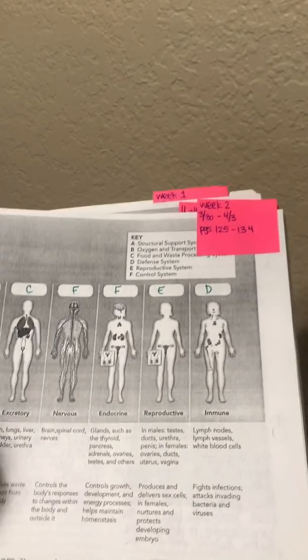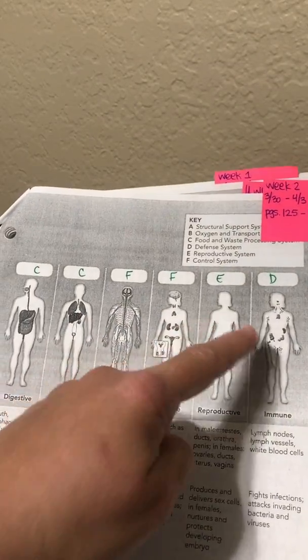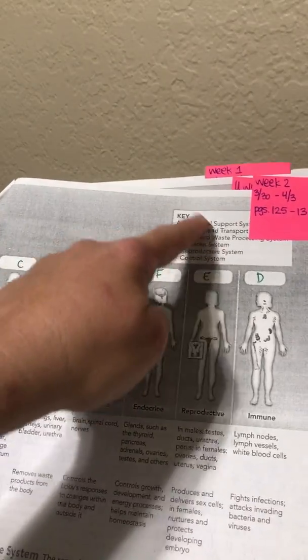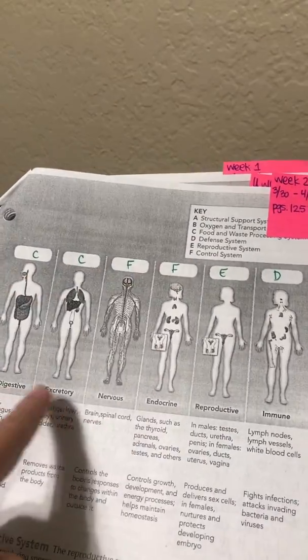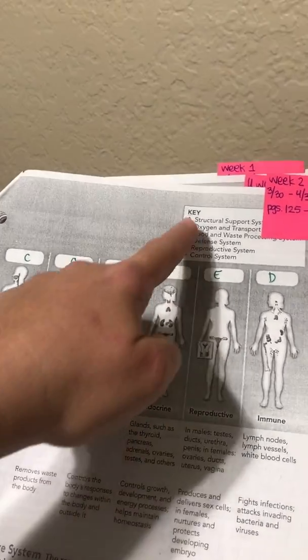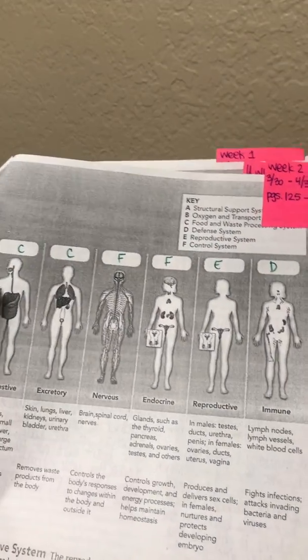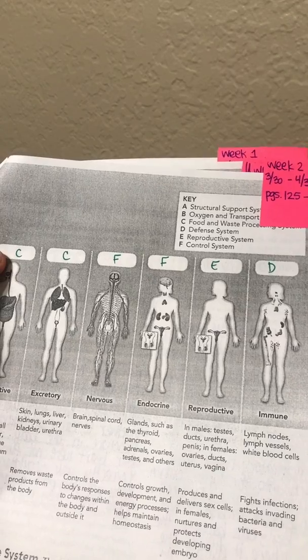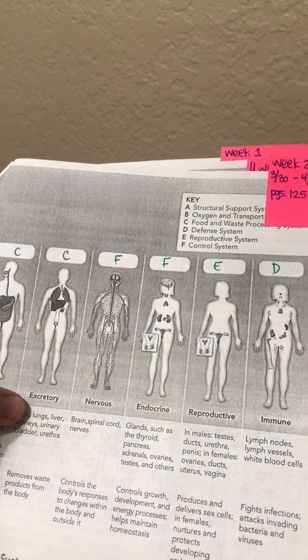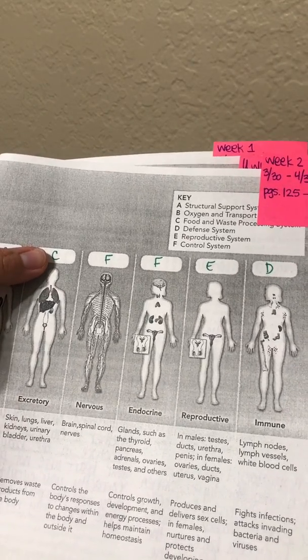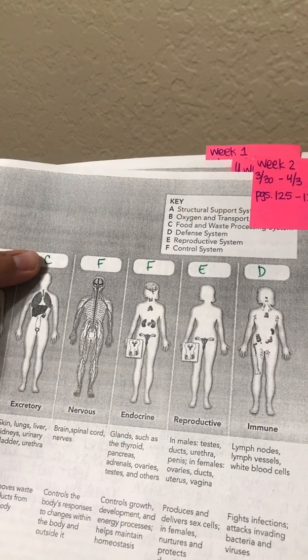So for page 125, they wanted us to fill in the blank and go over what we thought for each organ system would connect with this key. So for digestive system, food and waste processing system. For excretory system, it is similar. It is also food and waste processing system.